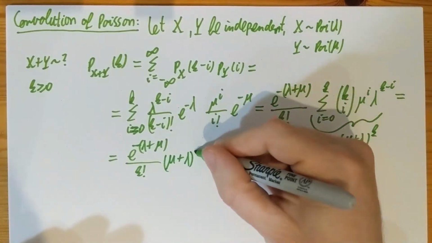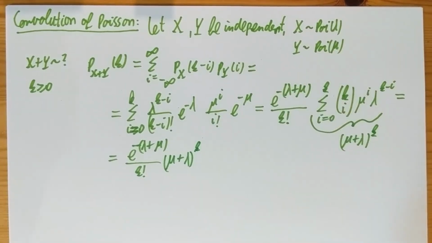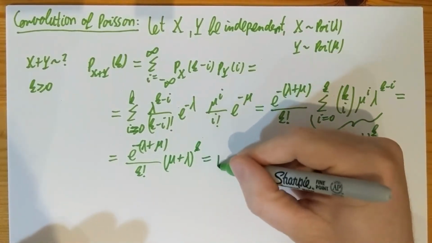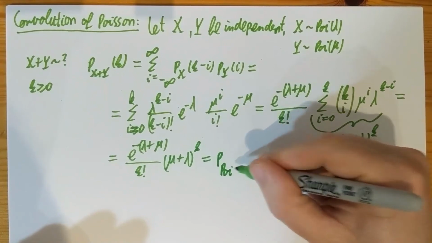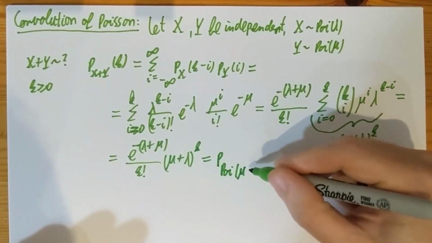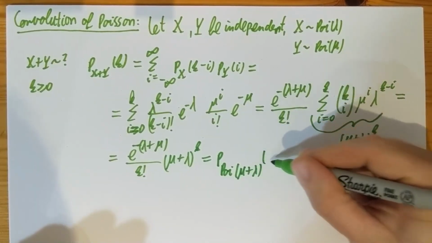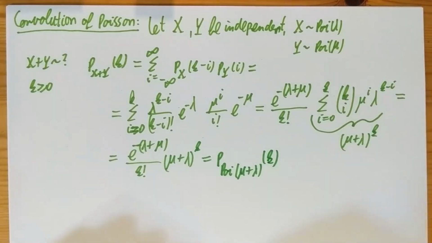And so that's what I'm going to put in here. Lambda plus mu or mu plus lambda, doesn't matter, to the k, in which we actually read off the mass function of a Poisson random variable of parameter mu plus lambda at value k, and that proves, since this is true for all non-negative k, that X plus Y is actually Poisson mu plus lambda.